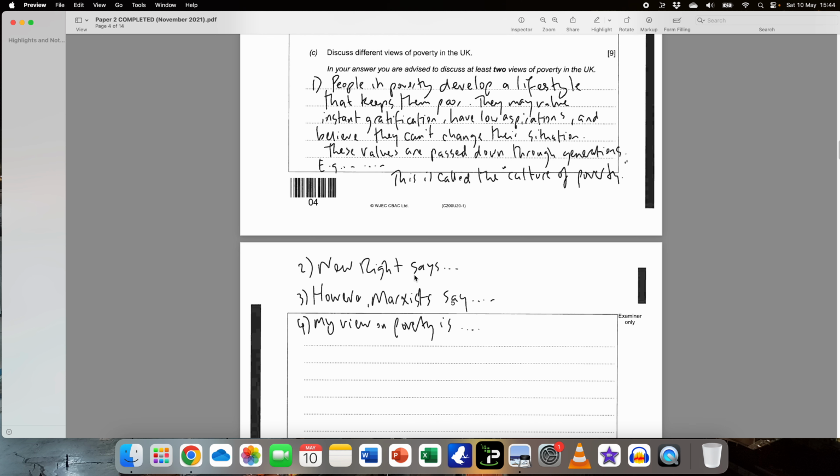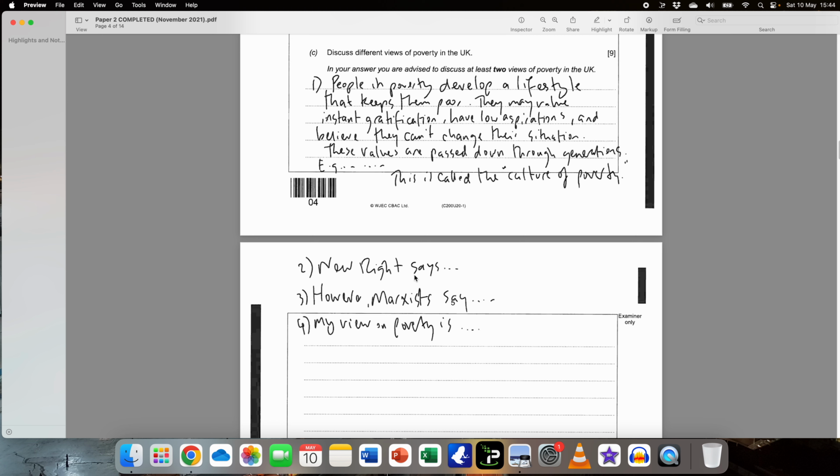Third viewpoint. However, Marxists will say poverty is caused by the structure of capitalism, again reading from the table, which benefits the ruling class and exploits the working class. The system keeps wages low, so profits stay high, forcing many into poverty. For example, a delivery driver earning minimum wage while the company CEO makes millions shows how wealth is unfairly distributed.